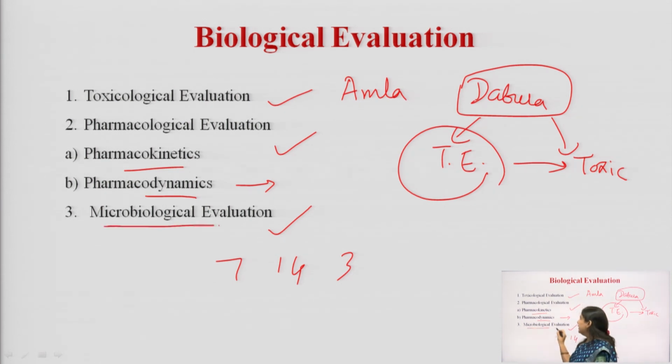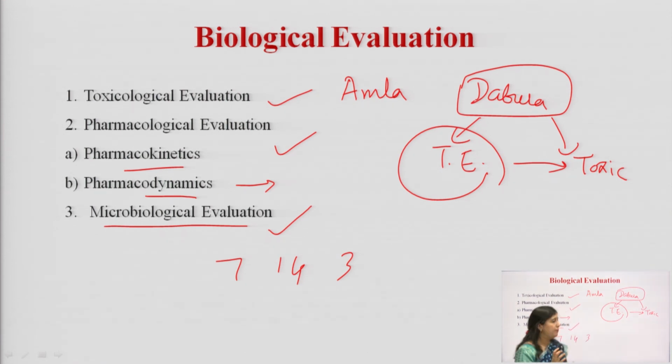And the last point is the microbiological evaluation. So, microbiological evaluation is important from the WHO point of view, because our plants are coming from a natural source, they contain water and carbohydrates, which is a very good area or place where the microbes can grow.